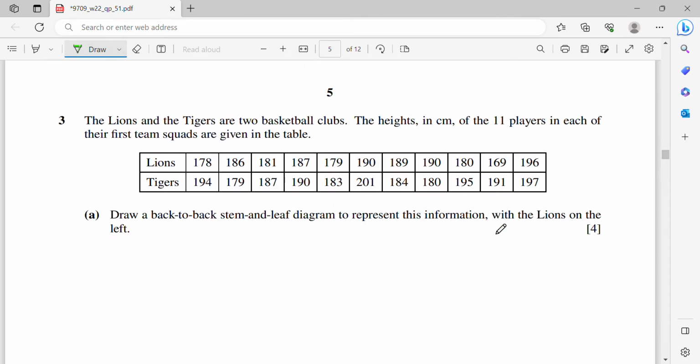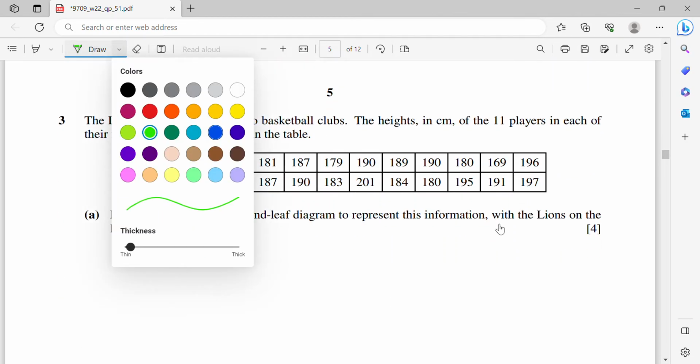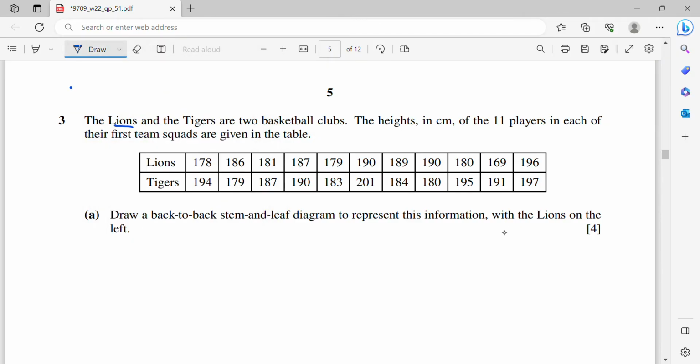Now question 3. The Lions and the Tigers are two basketball clubs. The heights in centimeters of the 11 players in each of their first team squad are given in the table. So you are given the data, 11 data here. Draw a back-to-back stem and leaf diagram to represent this information with the Lions on the left.